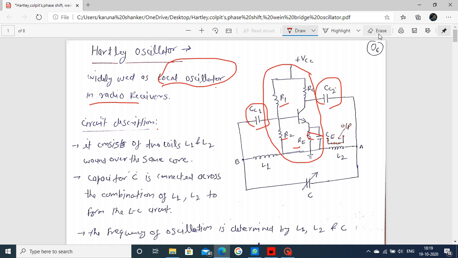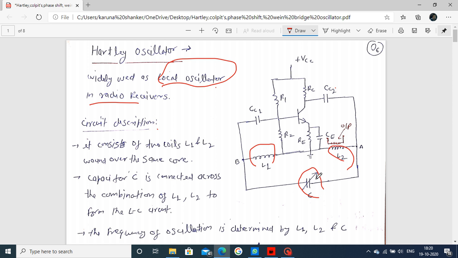Now, what extra components are attached to the common emitter transistor? The extra components are L1, L2, and a capacitor. The arrow mark indicates this is a variable capacitor. By changing the capacitance value, we vary the particular frequency produced by the oscillator.